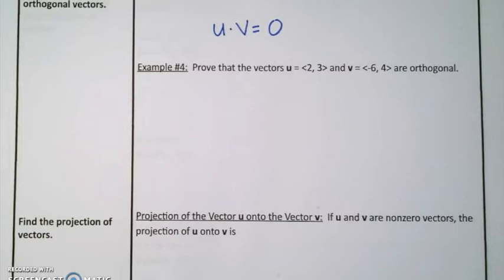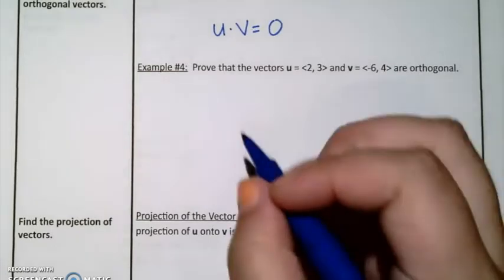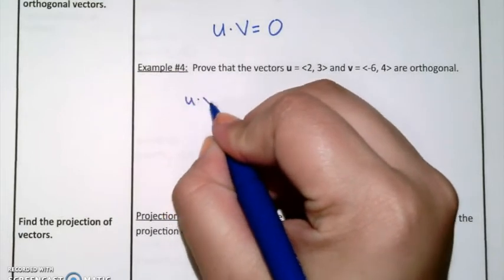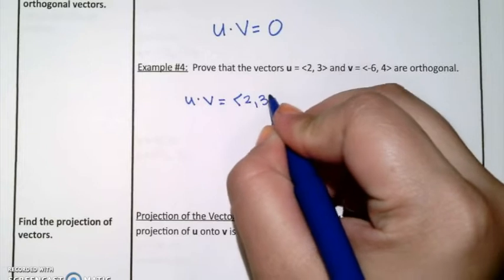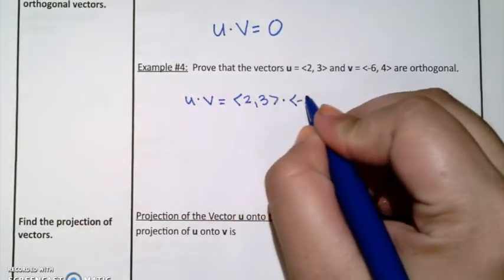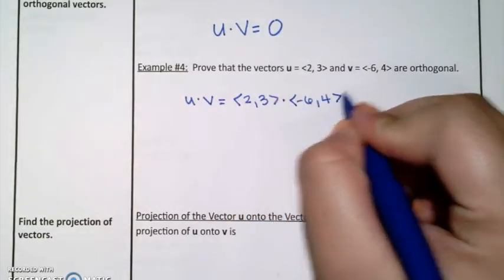We want to prove that the vectors u, 2, 3, and v, negative 6, 4, are orthogonal. So in order to prove that they're orthogonal, we want to prove this by showing that their dot product is 0. So we're looking at u dot v, or 2, 3 dot negative 6, 4.